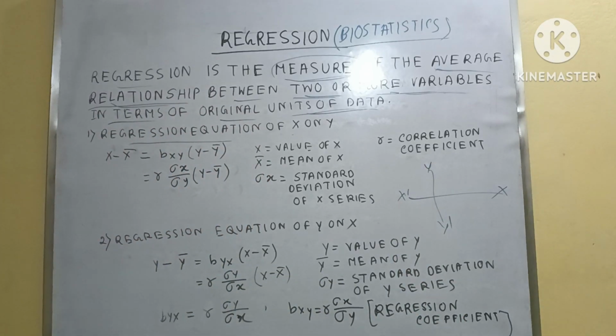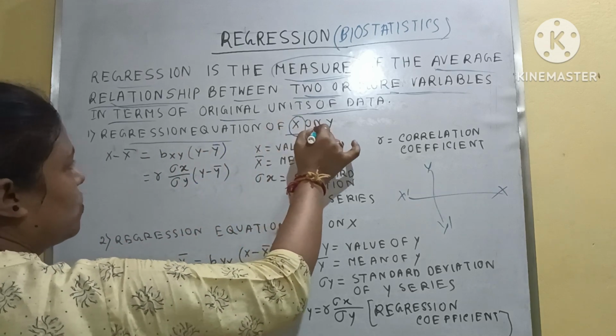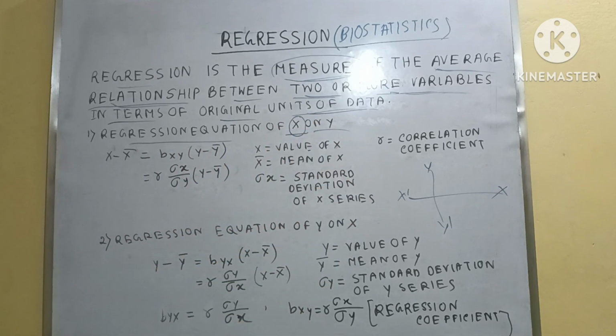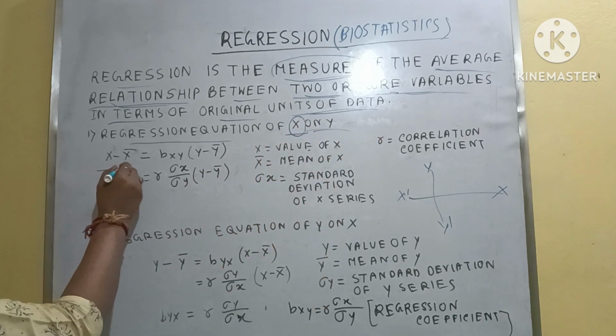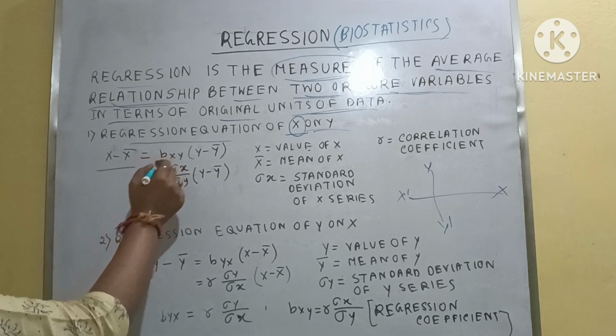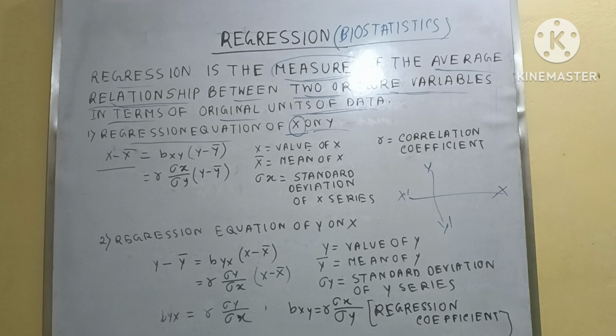So the regression equation of x on y is x minus x bar equals bxy into y minus y bar.